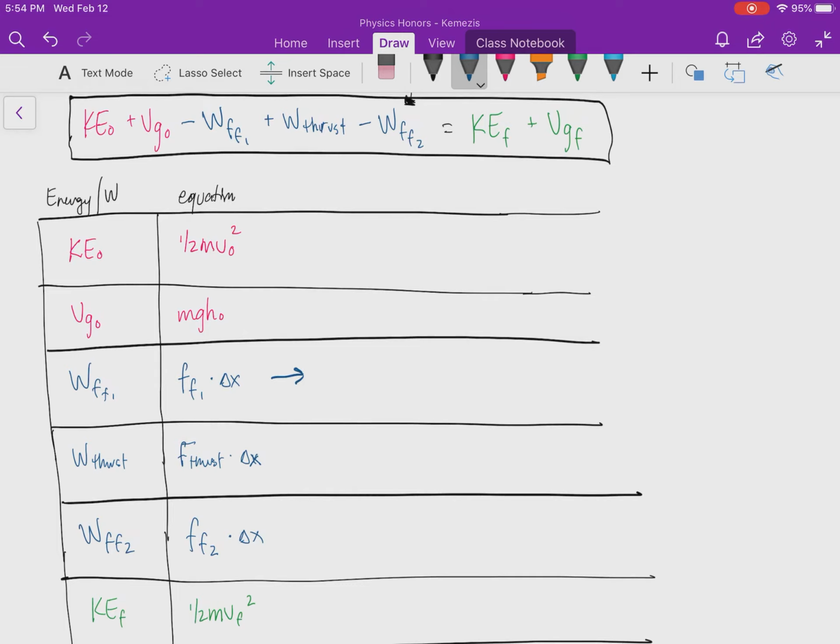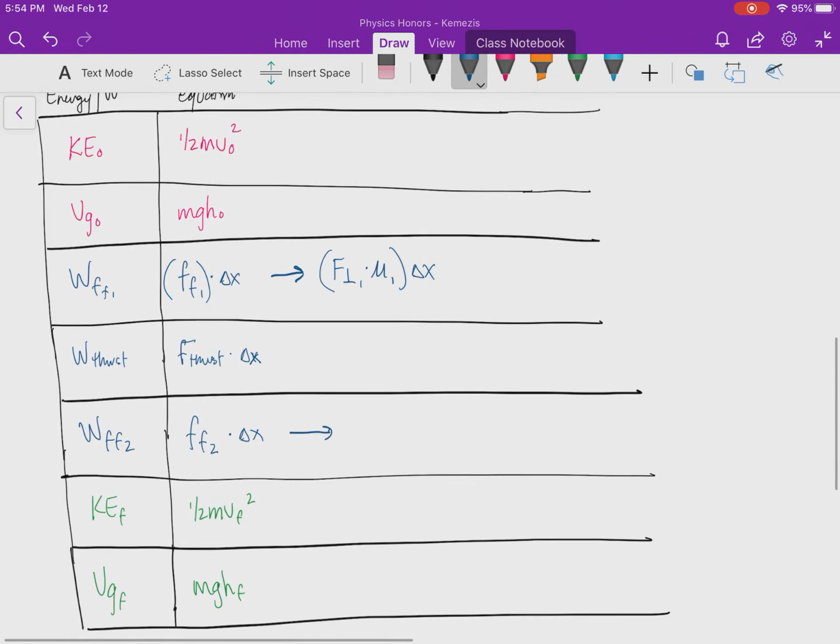So we define the force of friction by the normal force times mu, right? This is the force of friction times the displacement. And same thing for this second force of friction: it would be the normal force for the second times the mu for the second friction times its displacement. Okay.